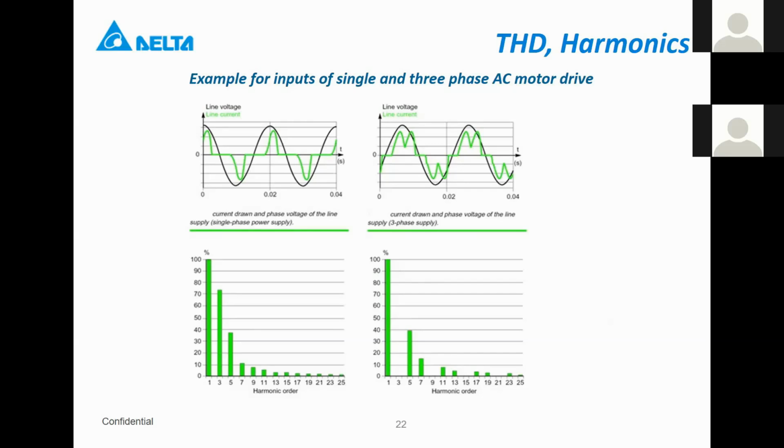For example, you don't see the third, the 9th and the 15th order. That's always. You also don't see the even harmonic orders in the frequency drive input currents, because the average of that is 0.